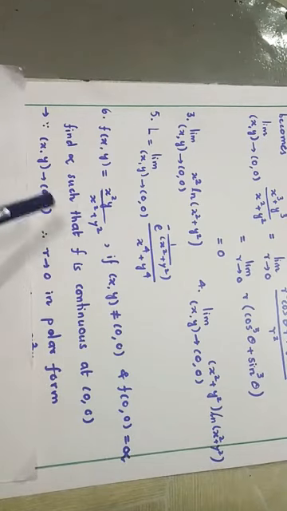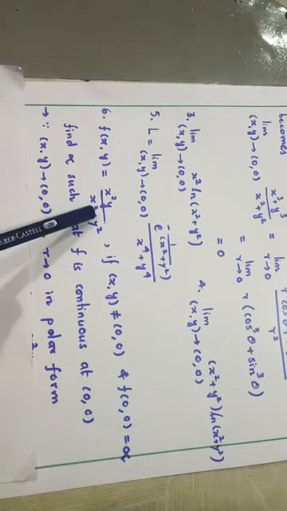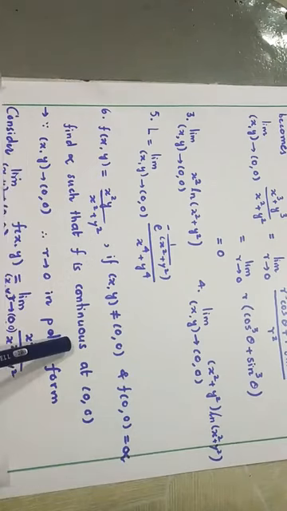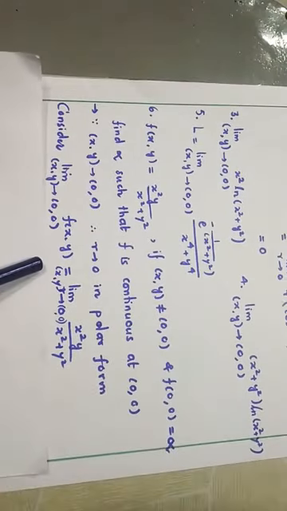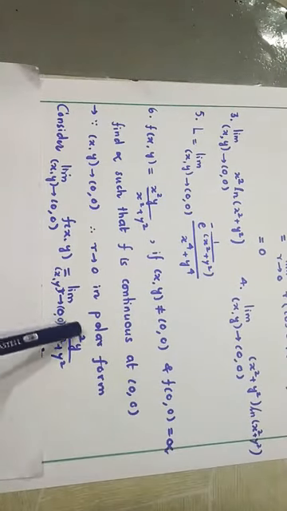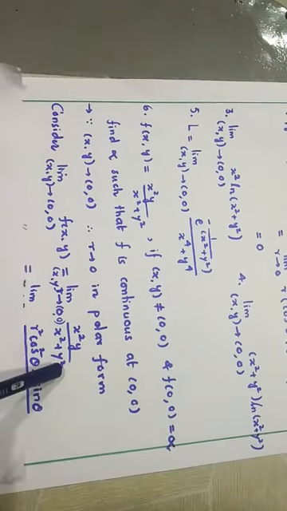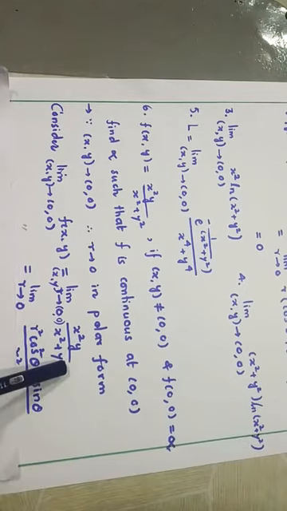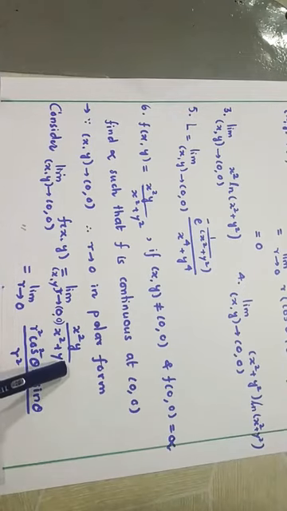Since the limit exists, this suggests that if we use the polar form, it will be easier. So r is tending to 0 and the limit of x square y upon x square plus y square, as x is r cos theta, becomes r square cos square theta, into y which is r sin theta, and x square plus y square becomes r square.